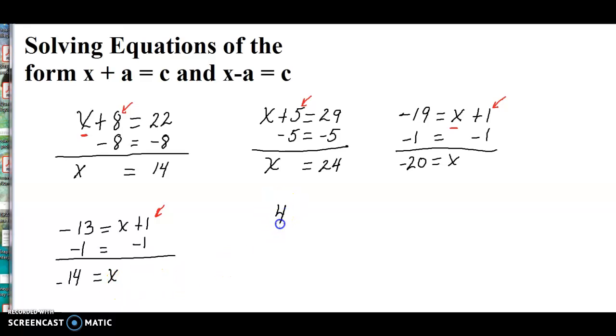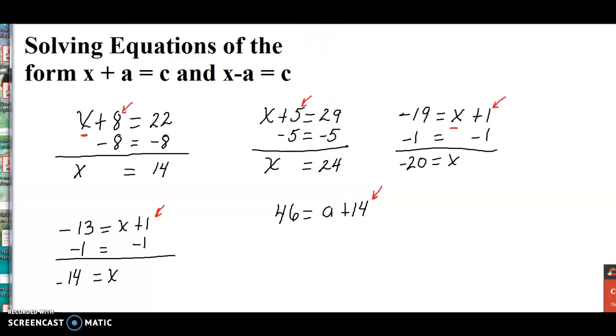We have 46 is equal to a plus 14. Okay. I need to get rid of 14 here.